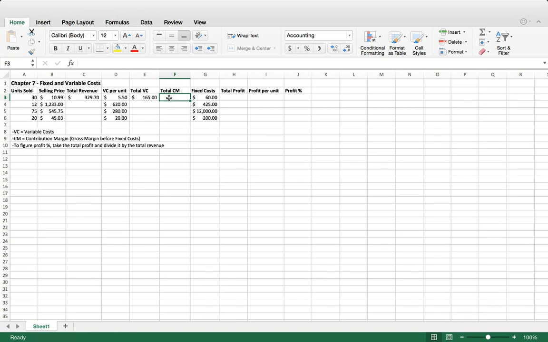All we need to do is subtract the variable costs of the 165 here from the total revenue, and that'll get us the contribution margin. So we take the total revenue and we subtract the variable costs, and then we get a contribution margin of 164.70.